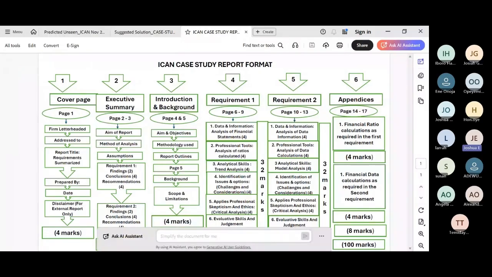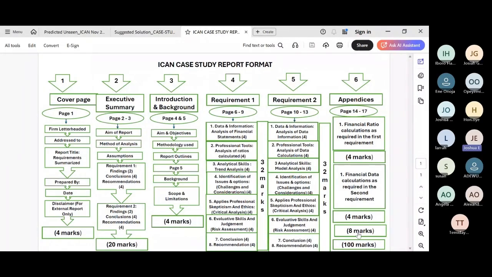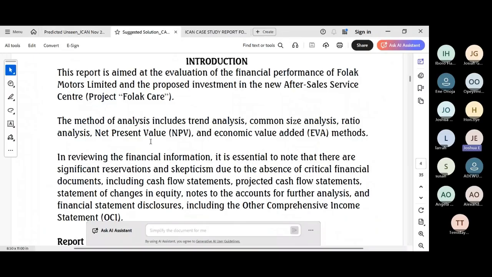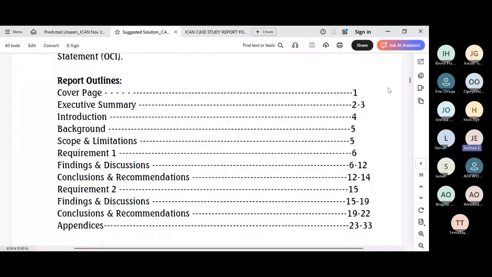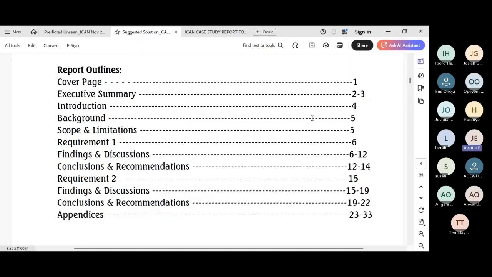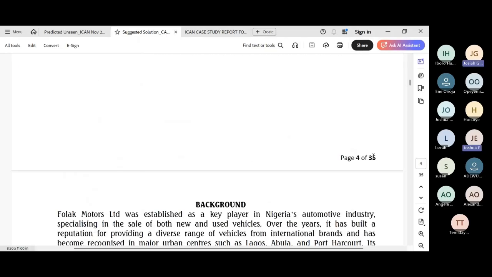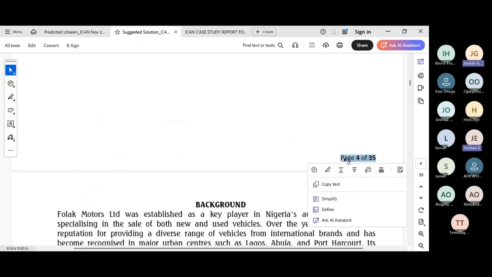Good evening. I want to ask on the area of the outlines on the introduction page. Are we supposed to also number the report pages? Yes. Now, this is a typed document, so it's easy to number.